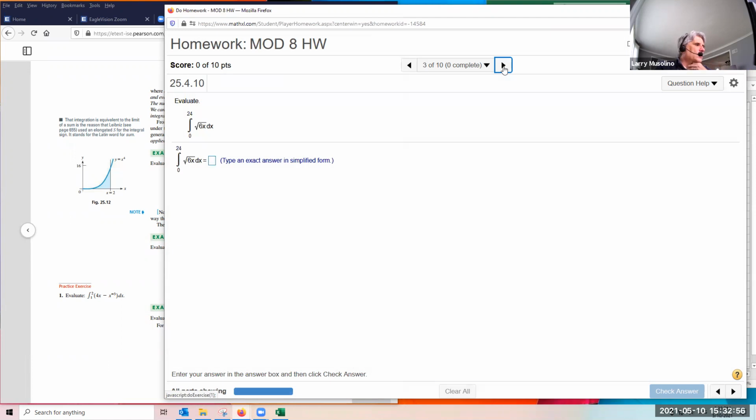All right, let's do an example here, because this one's a little messy because it involves a square root function. First thing I'm going to do here is break this up to be the square root of 6 times the square root of x.